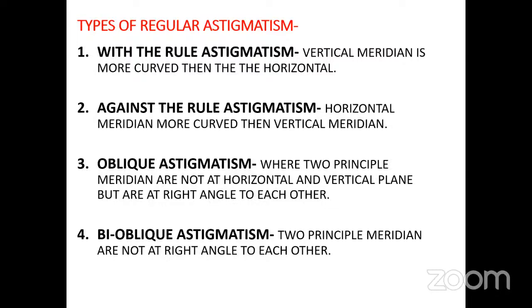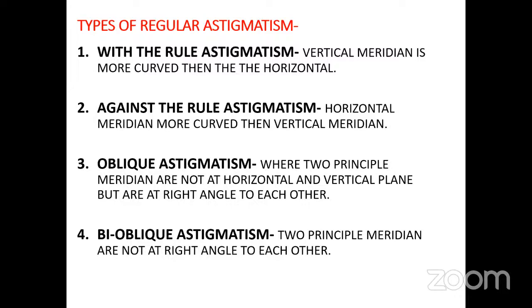Yeah. Don't confuse yourself. Keep it very simple. I will tell you another thing. So minus at 90 degree, and plus at 180 degrees, is against the rule. So the simple thing to remember is that plus at 90 is with the rule.